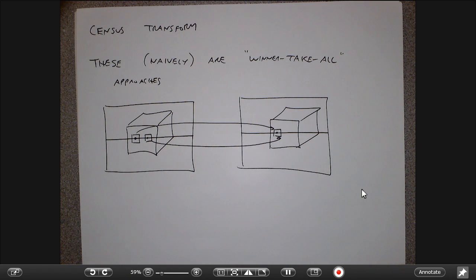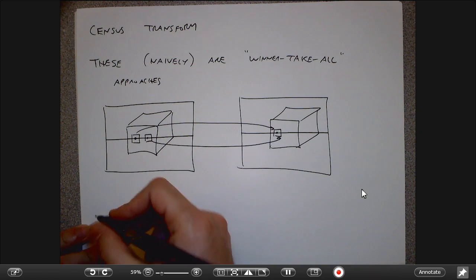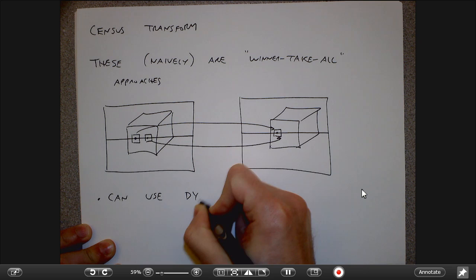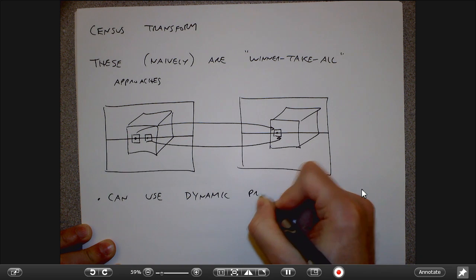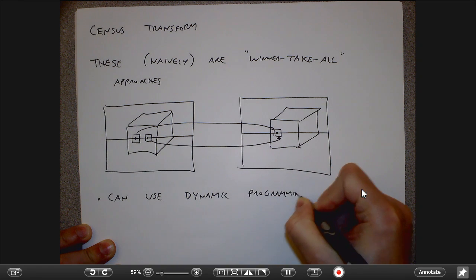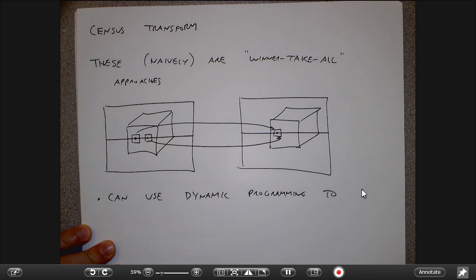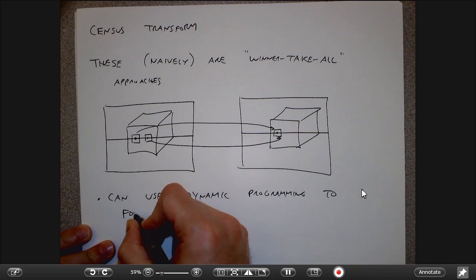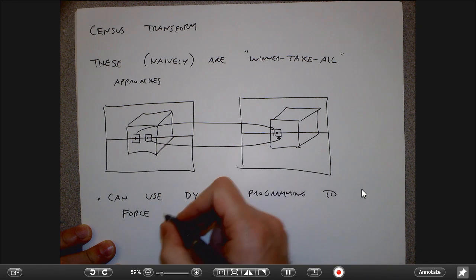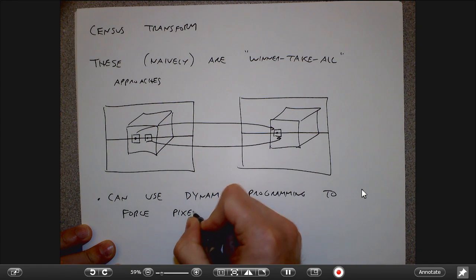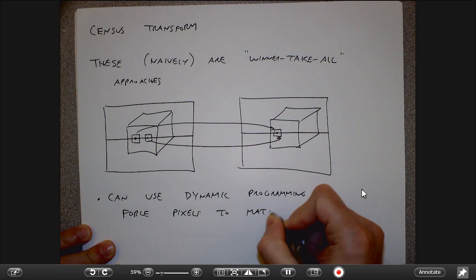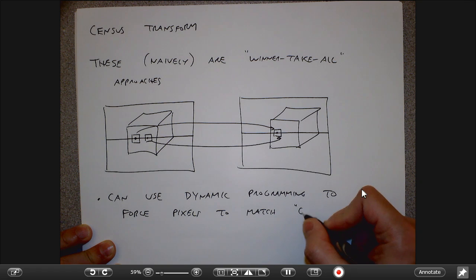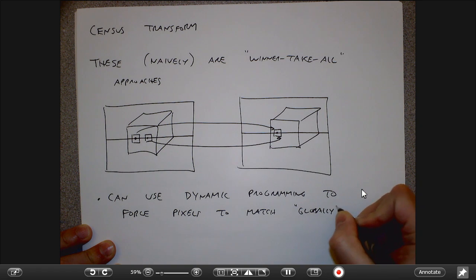Well, one very simple idea is to use something like dynamic programming. So we can use dynamic programming to force pixels to match kind of globally along the scan line.